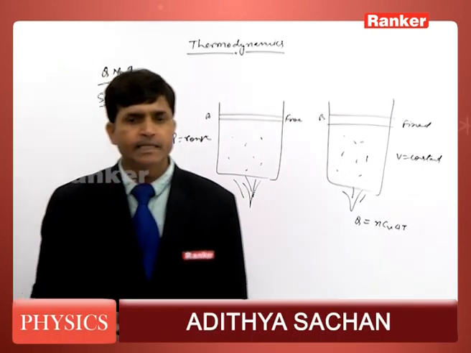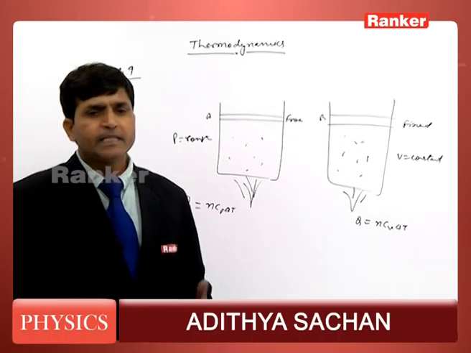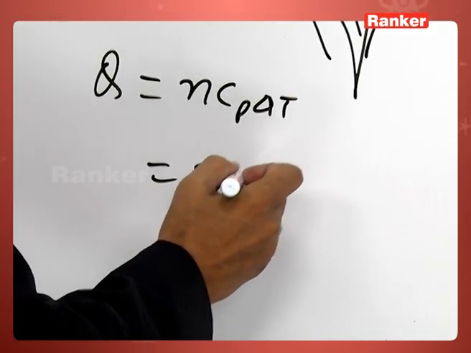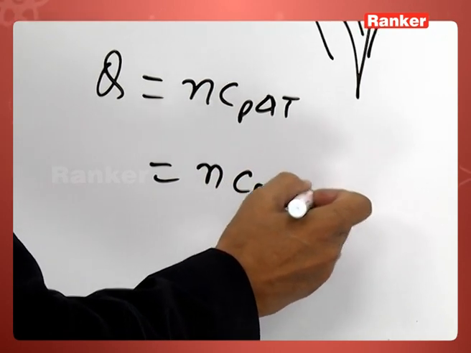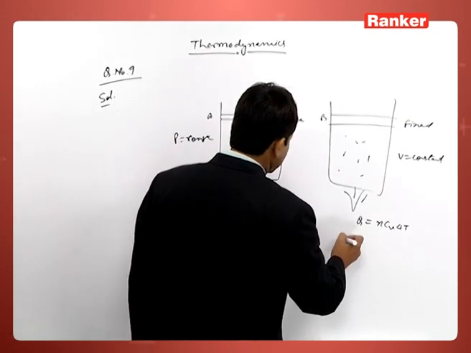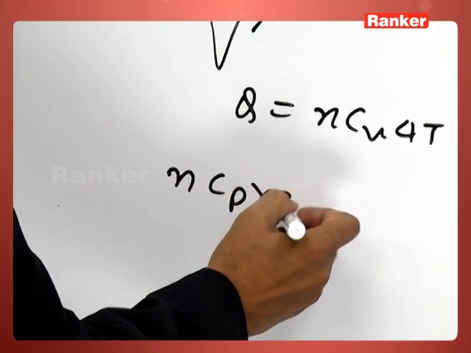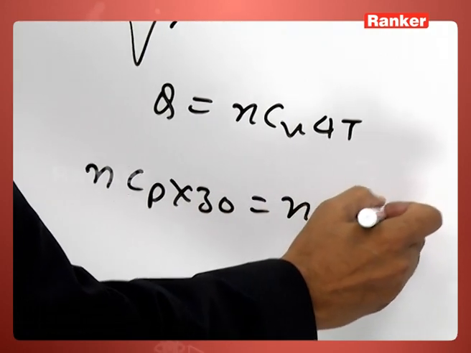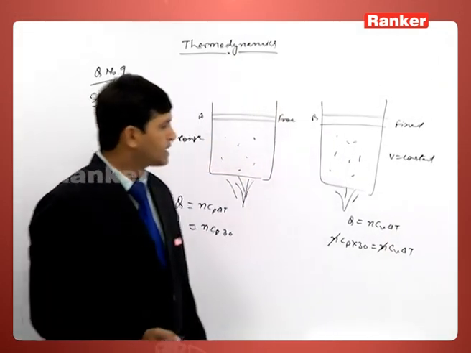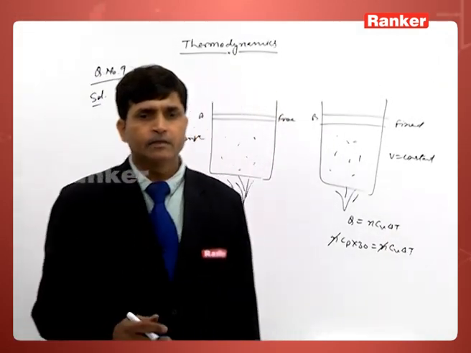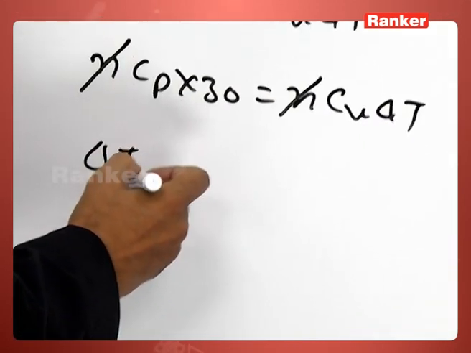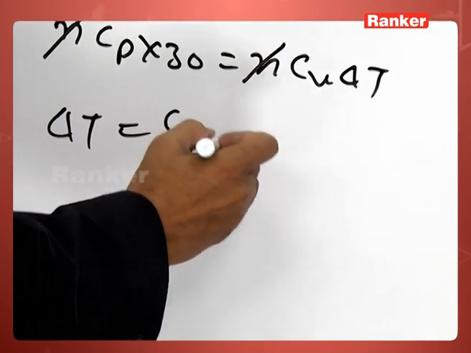Now they are saying the rise in temperature of the gas in A is 30. So n Cp into 30 is Q. The same Q we can put here. So n Cp into 30 is equal to n Cv into delta T. n cancels, and as the gas is an ideal diatomic gas, delta T is Cp by Cv into 30.